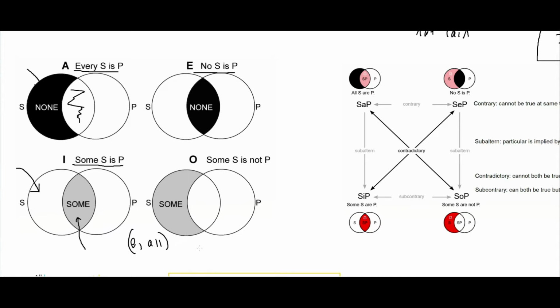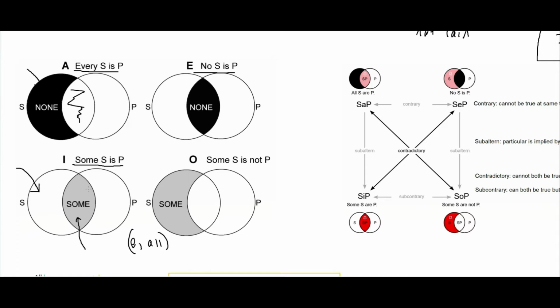So even if just one S is P, then we would say that some S is P. Or if we say that 99% of S is P, we would still say some S is P. In everyday parlance, when you say some, you kind of mean not one, but not most of them.